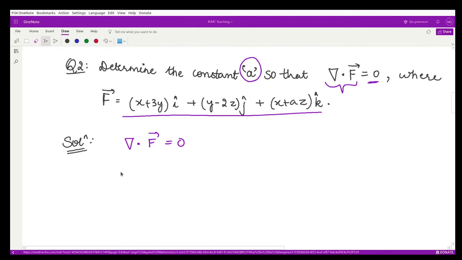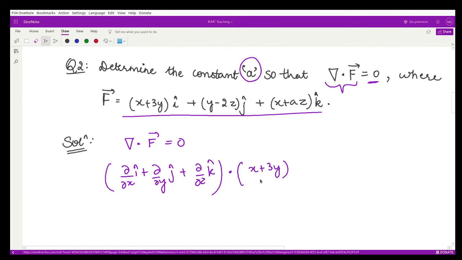So it would be del by del x i cap plus del by del y j cap plus del by del z k cap, dot product with the vector f, which is (x plus 3y) i cap plus (y minus 2z) j cap plus (x plus az) k cap. This is given to be 0.